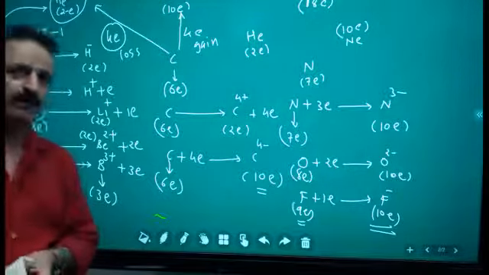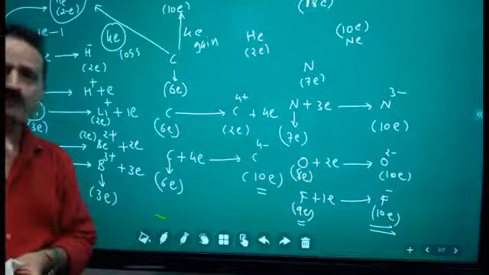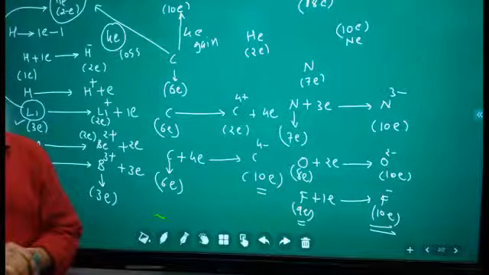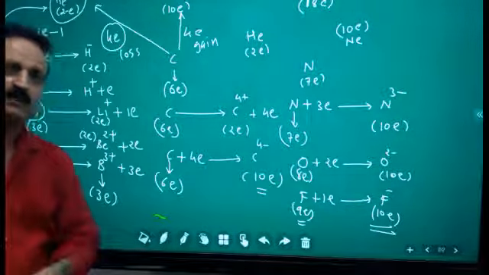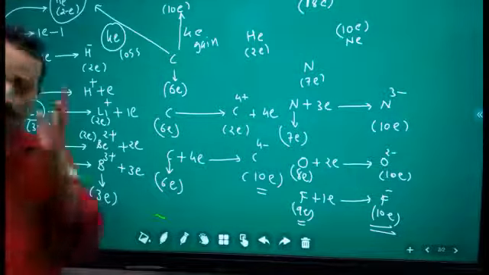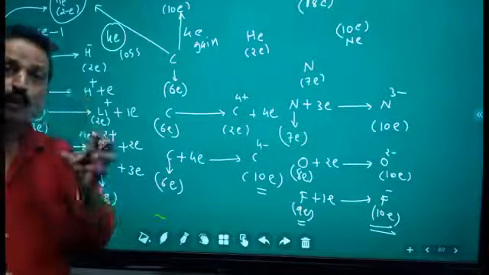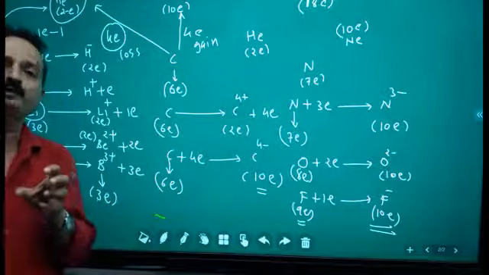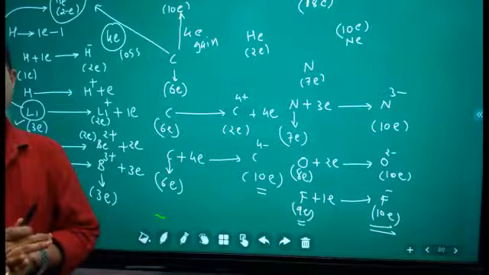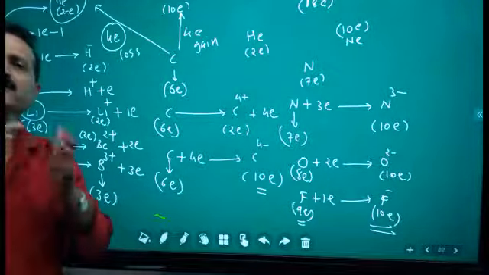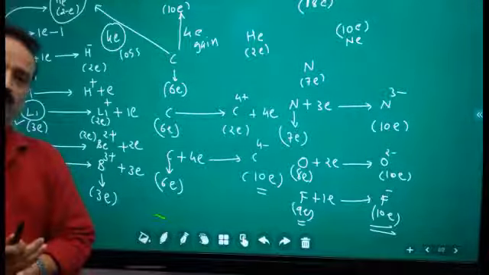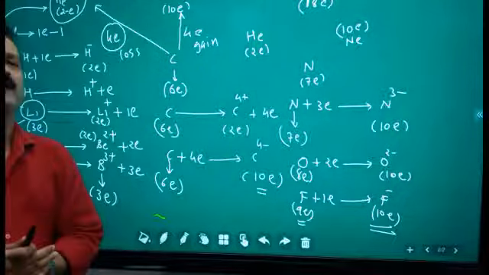Elements will try to get the same number of electrons as the nearby noble gas. So you have to concentrate on which noble gas is nearer to which element. If an element loses electrons, there will be a positive charge, and if an element gains electrons, there will be a negative charge. That is the pattern. And the number of electrons will change depending on the charge obtained by the element.